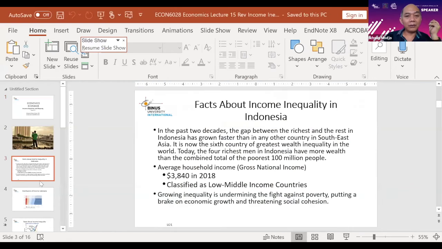It's going to talk not only about the measurement of income inequality and poverty in general, but also specifically about the Indonesian case. And this case is always changing every year, ya kan?